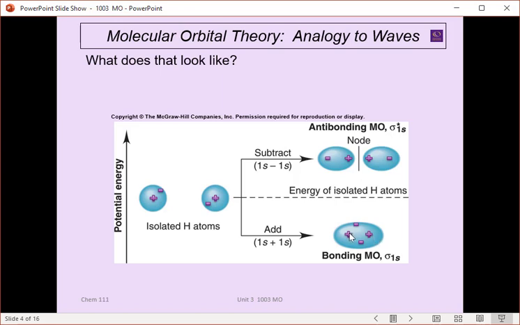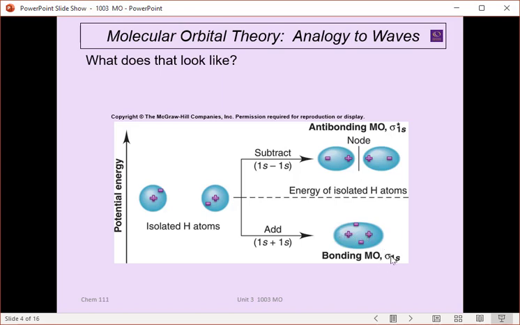The protons have a sigma type bond where the electrons are centered between the two protons, and the proton on the left is able to reach out and share the electrons centered between the two atoms, and the proton on the right is able to reach out and grab the electrons centered between. These are in phase, and they are a bonding molecular orbital.